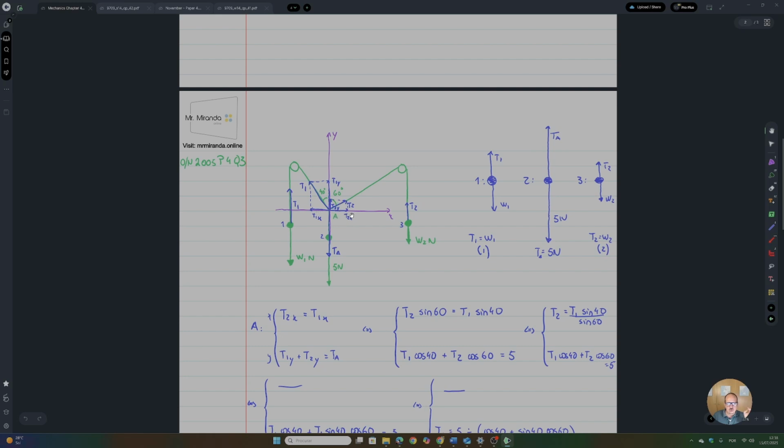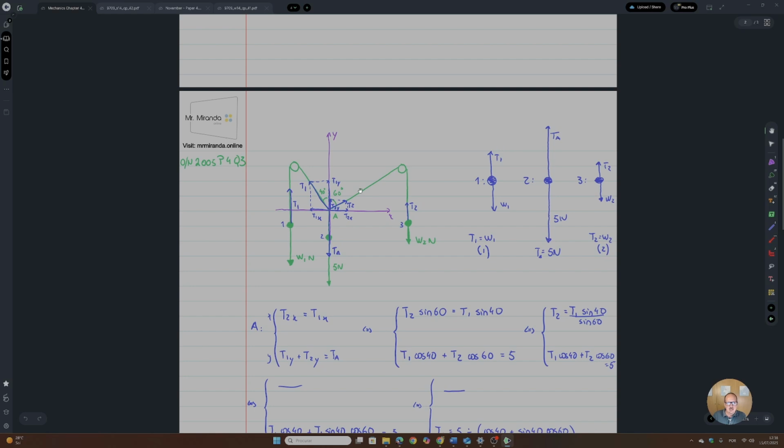T1x must be equal to T2x. After all, point A and everything else is in equilibrium, right? Because this angle is bigger, the vertical component of this force is going to be smaller. And this plus that put together must be equal to TA.